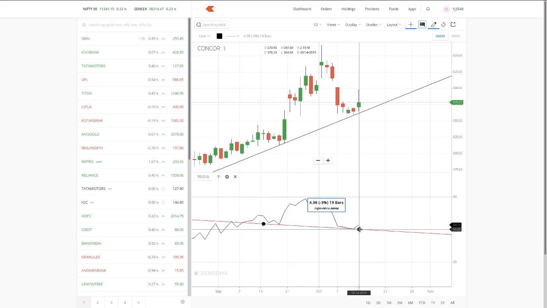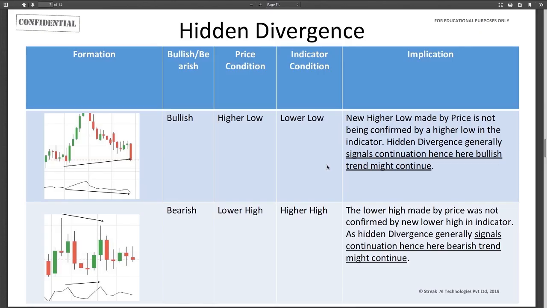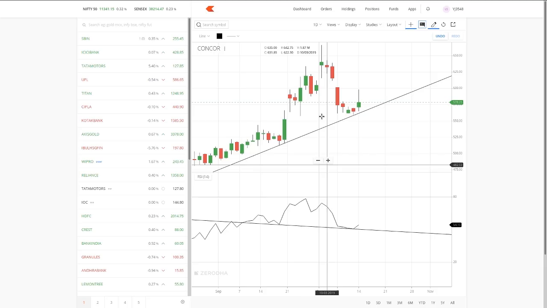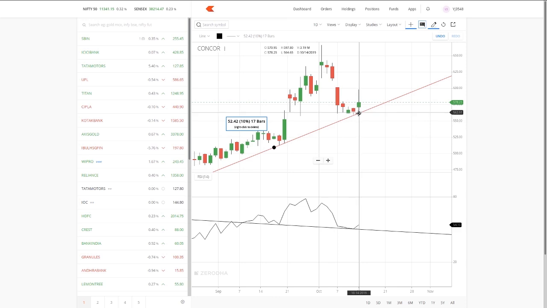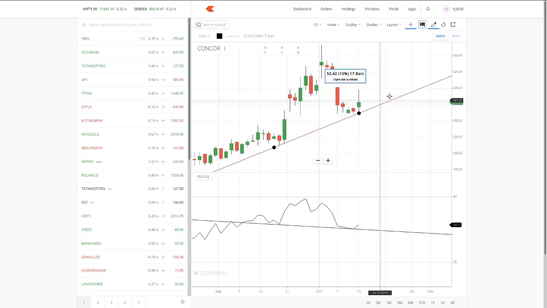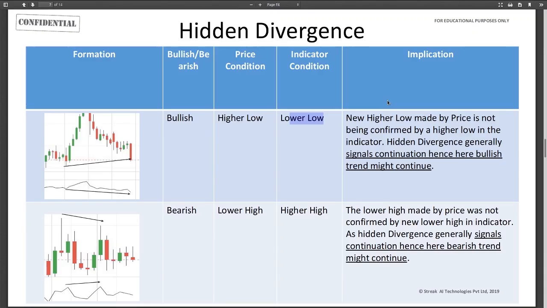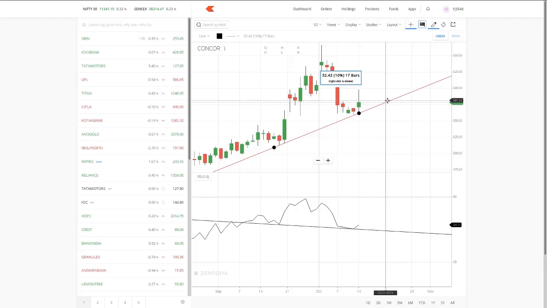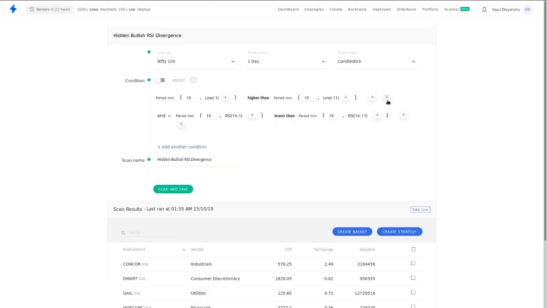So we can clearly see a bullish hidden divergence being formed, because price has formed a higher low, whereas the indicator has formed a lower low, indicating that the price is likely to continue in the upward direction. That's an example of a bullish hidden divergence, because remember, in hidden divergence the price indicates the likely direction.